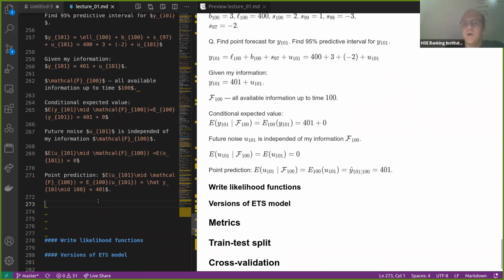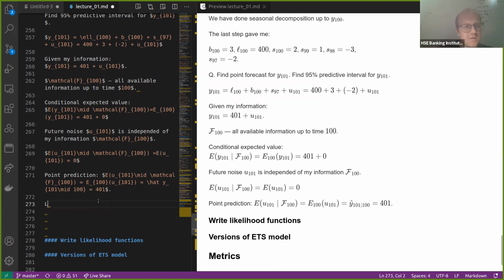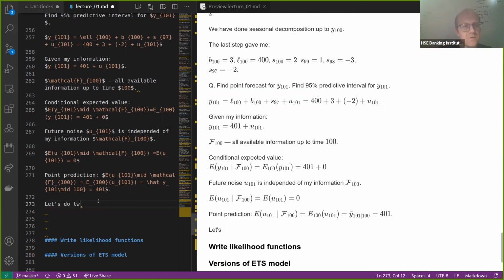Okay, so now let's calculate the 2 steps ahead prediction, because we can do 1 step ahead prediction, we can do 2 steps ahead predictions. That's very easy. Now let's do the 2 steps ahead point prediction.